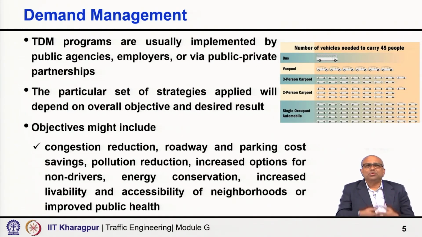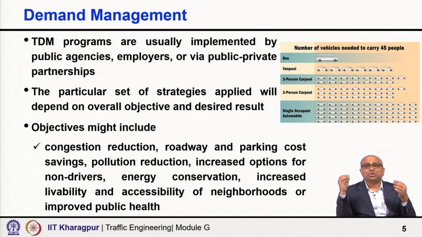TDM programs are usually implemented by public agencies or employers or via public private participation. There are different forms available. The particular set of strategies applied will depend on the overall objectives and desired results, why we are applying a TDM strategy in a given context. What I told you is what we want to achieve in general, but in a specific context the objective may be slightly different.